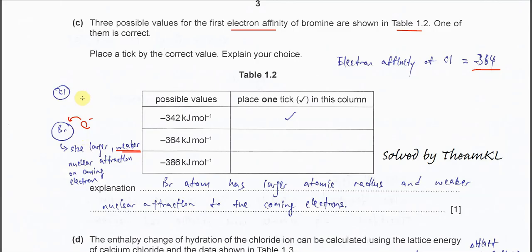So when chlorine gains an electron, the bond that forms is stronger and it releases more energy, so it's more exo. And the bromine, because the attraction to the electron is weaker, the bond that forms is weaker, releases less energy, so it's less exo. That's the reason why we should choose the first one, because the first one is less exo than the EA of chlorine.